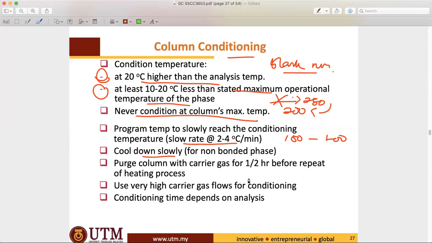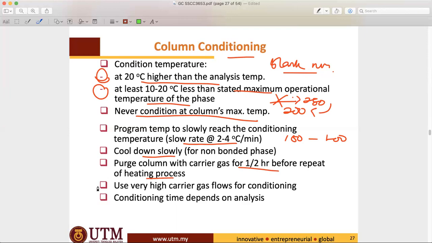Purge the column with carrier gas for half an hour before repeating the heating process. So the carrier gas also needs to flow freely before you do any analysis, for about half an hour. Usually in the morning, when you want to start the analysis, you open the gas first to make sure that the gas has flowed through your system for about half an hour.